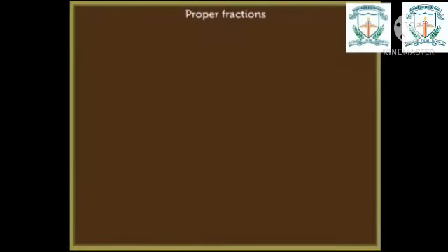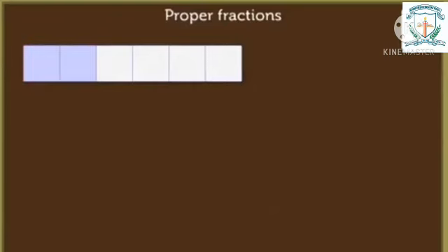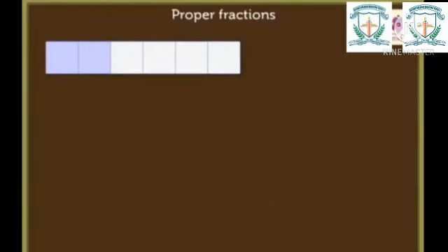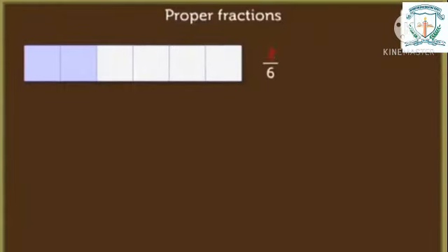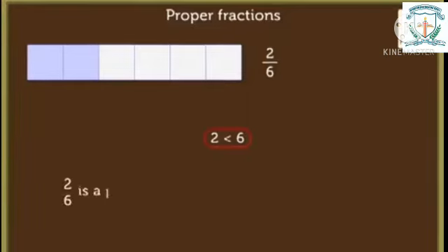Now, let us learn about proper fractions. Observe the grid. Some portions of the grid are colored. That is, 2 parts of the grid are colored out of 6. Here, the fraction obtained is 2 divided by 6, in which the numerator is smaller than the denominator. So, we say 2/6 is a proper fraction.